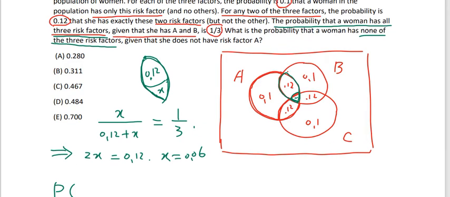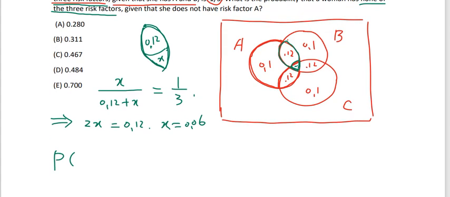She has none of these: no A, no B, no C. Given that she does not have risk A, we need to find this probability.